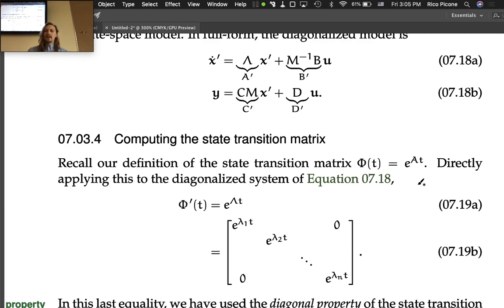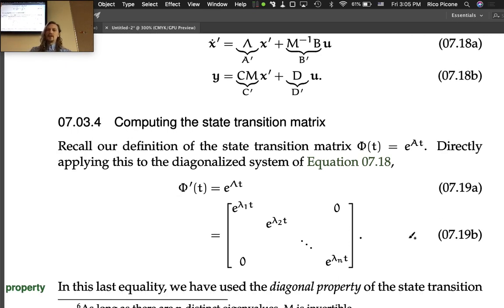Directly applying this to the diagonalized system of equation 718, we have that it's the matrix exponential of lambda t. So A prime is lambda. So our phi prime, our state transition matrix in the primed basis, is e to the lambda t.